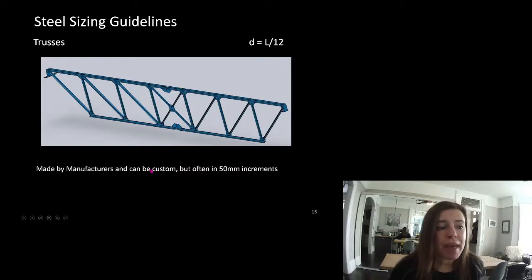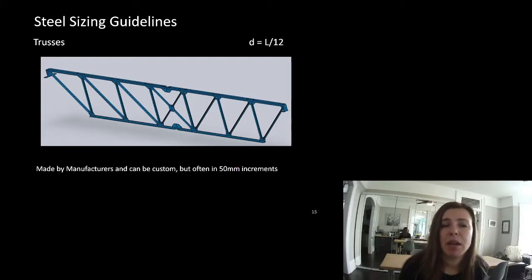So, made by manufacturers and can be custom, but it still often comes in 50 millimeter increments. Not because that's what it needs to come in, but just because that's what we tend to draw on drawings. So if we found out that this needed to be 725 millimeters deep, we could actually tell them explicitly to make this 725 millimeters deep.